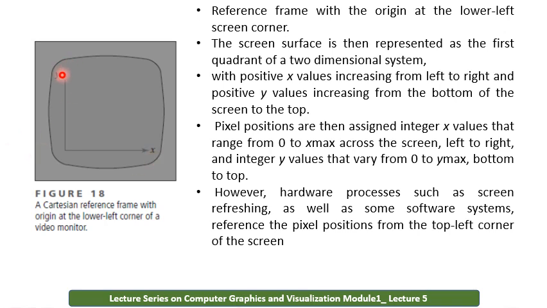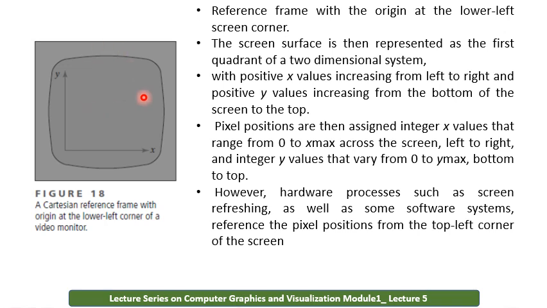But normally, the screen with the Cartesian coordinates is considered as our first quadrant itself, which consists of only the positive x values, increasing from left to right, and the positive y values, increasing from the bottom of the screen to the top.